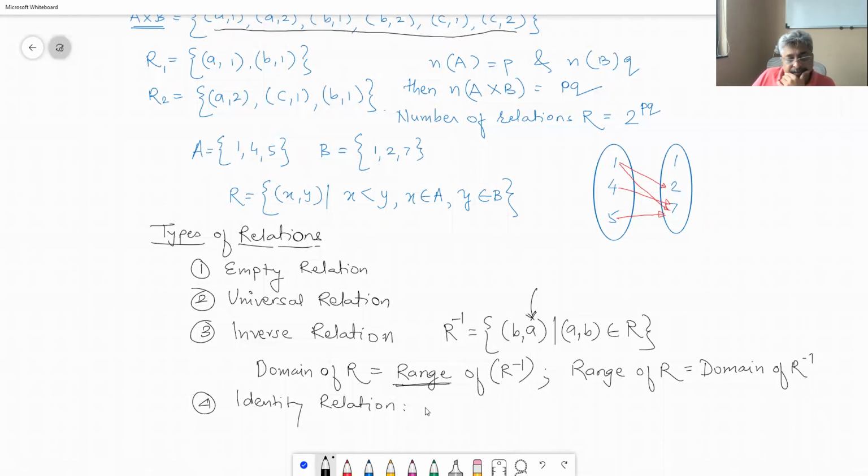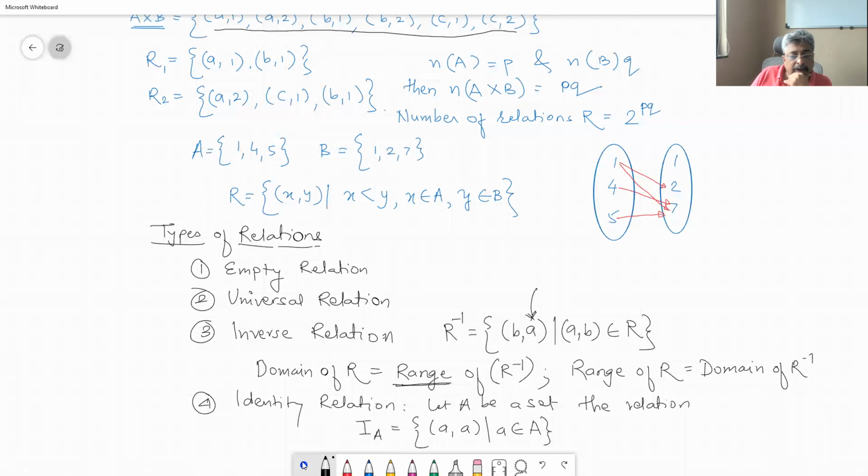Identity relation. Let A be a set. The relation I_A, identity on A, is all those ordered pairs A comma A such that A belongs to capital A. Okay, so the element should be the same in both places.